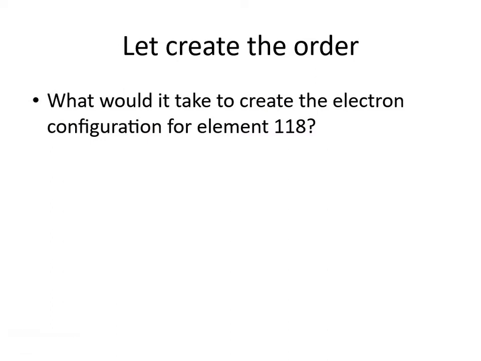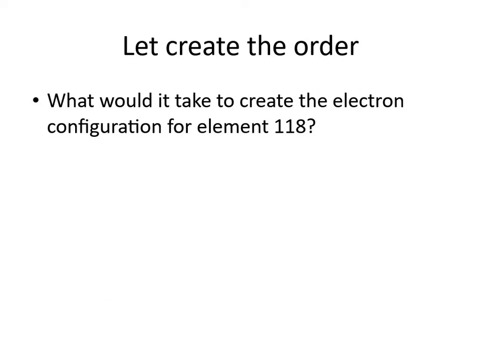If we had to do element 118, that's not on the periodic table here in the back, but it is that last noble gas. If we had to do element 118, first think about how many energy levels I would need there. I'd need 7 energy levels.